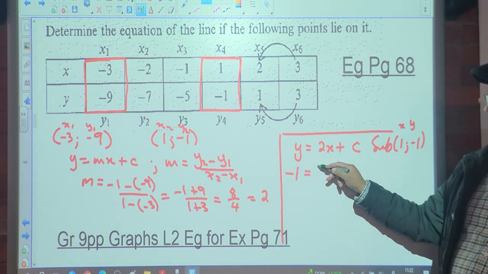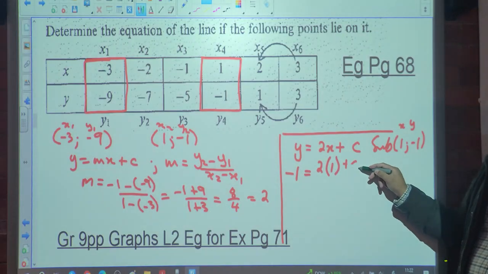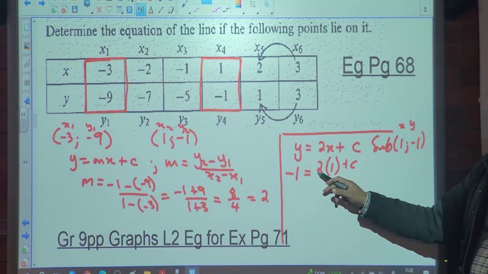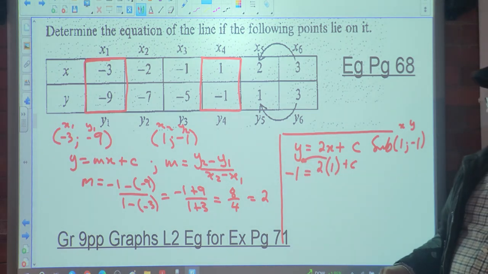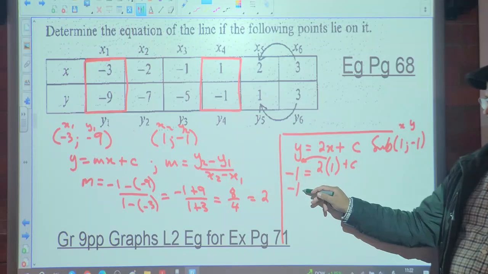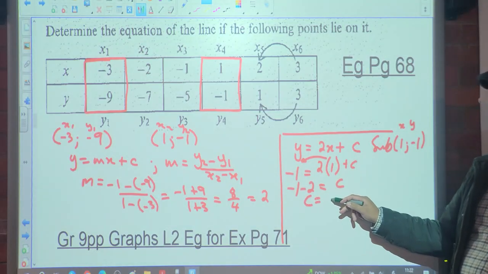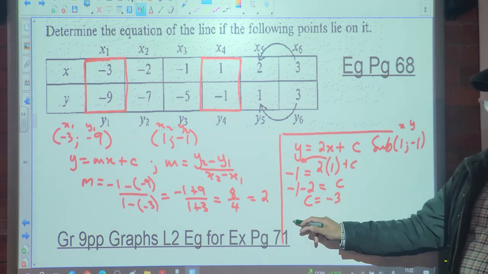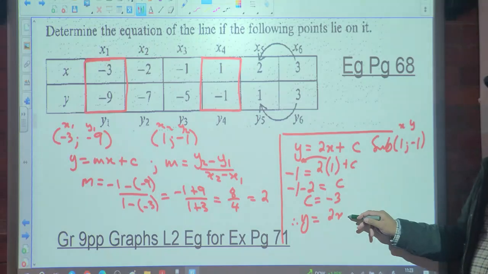Negative 1 is equal to 2 times 1 plus c. What's 2 times 1? 2. To get over becomes negative 2. So it's negative 1 minus 2 is equal to c. So c is equal to negative 3. So my equation: y is equal to 2x minus 3.